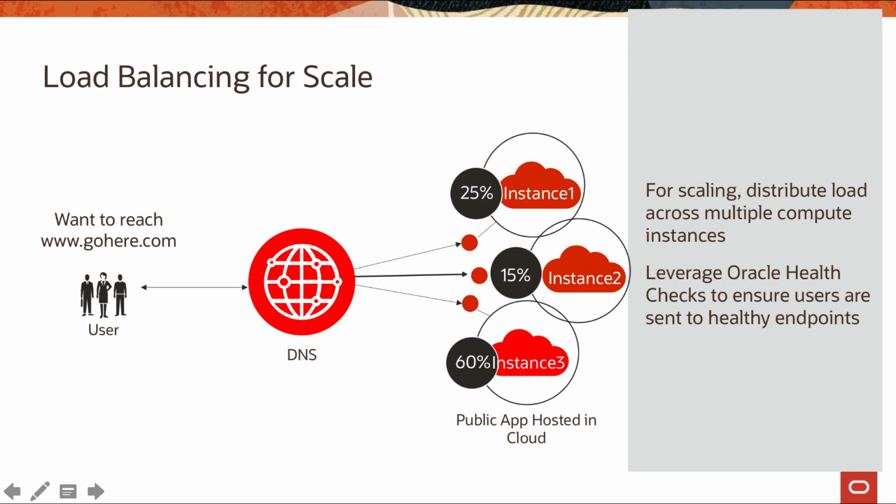Very similarly, this can be another use case where your application is sitting across multiple regions for load balancing, and you want to make sure that most of your clients, 60%, are being served within one of the regions, and then the next are 25% in one and 15% in region two. So you can leverage the load balancing traffic management policy along with the DNS service.